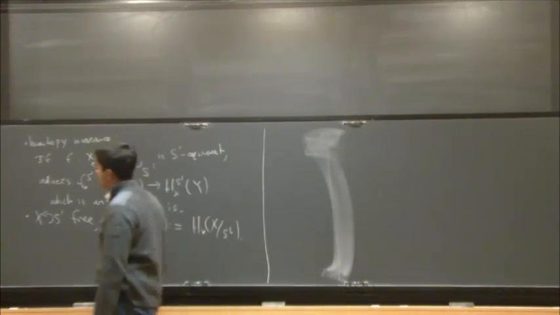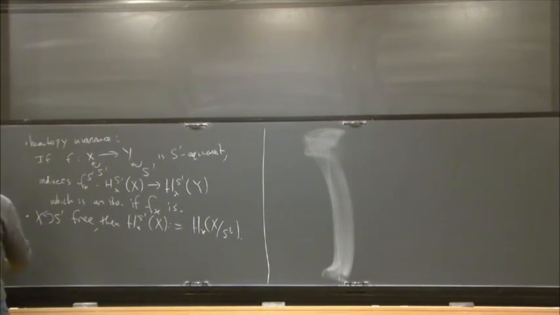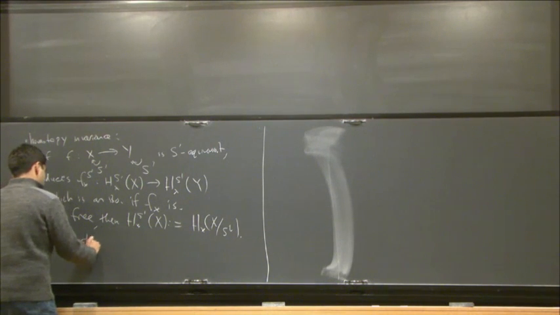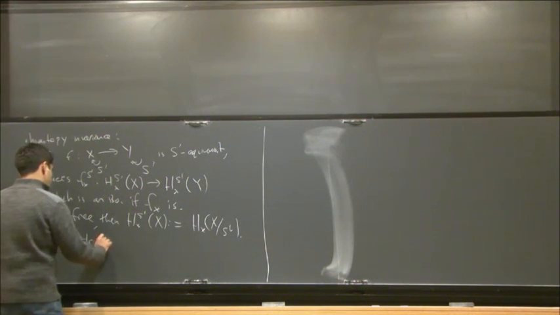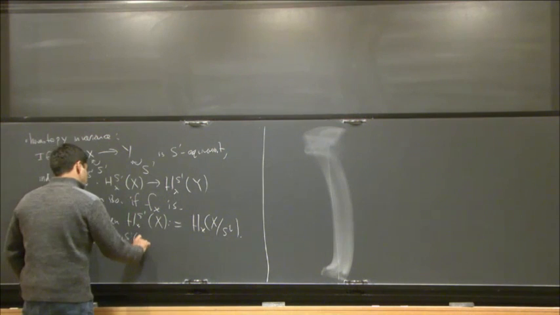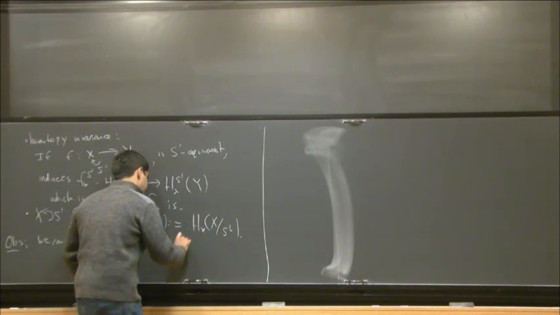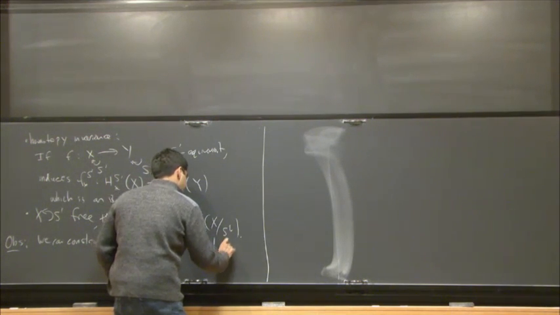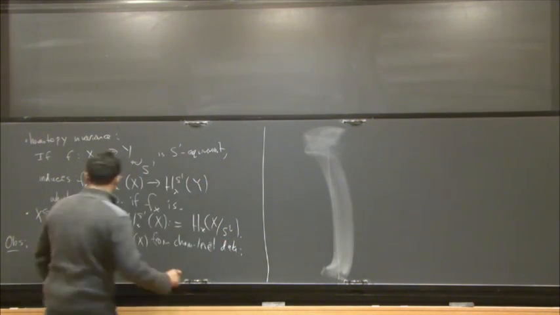Okay, so the main observation from topology that I want to bring in is that actually we could have constructed this equivariant theory from chain level data. Okay, so we can construct equivariant homology from chain level data. What do I mean by this?